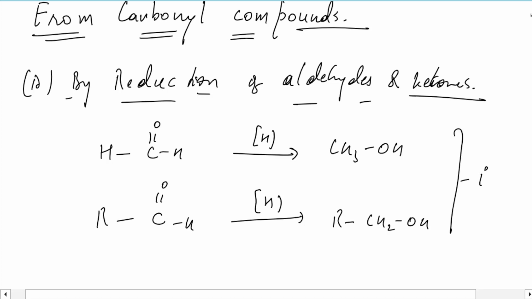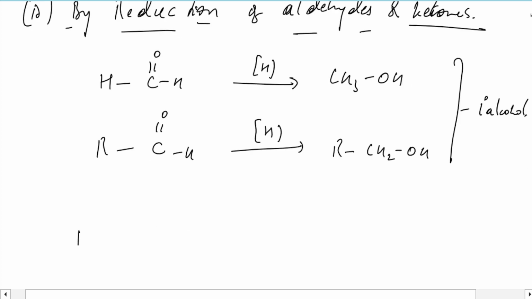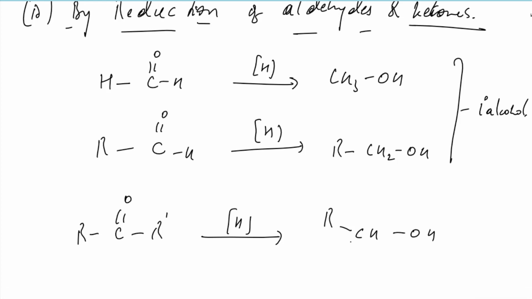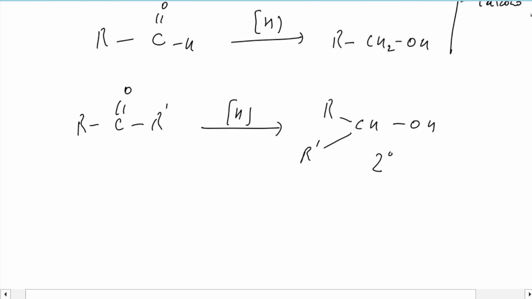So these are primary alcohols. Next to this is ketone. So this is secondary alcohol.